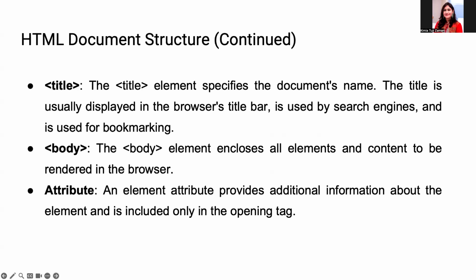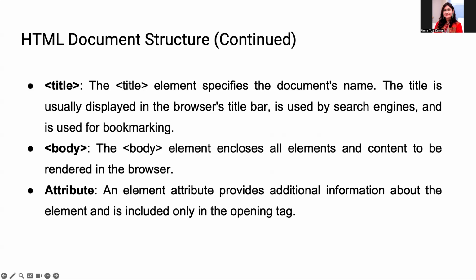So, choosing a clear and meaningful title is very important. And next, we have the body element. Think of the body as the main content area of the web page. Everything you want the user to see, text, images, links, buttons, goes inside the body tag. Without the body, your page would be empty for the users.